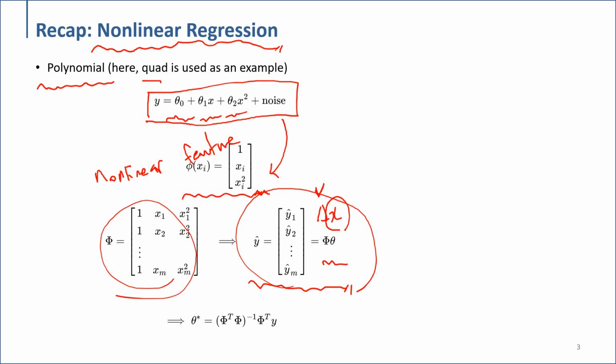By using linear algebra, we were able to solve this nonlinear regression as a linear regression problem.